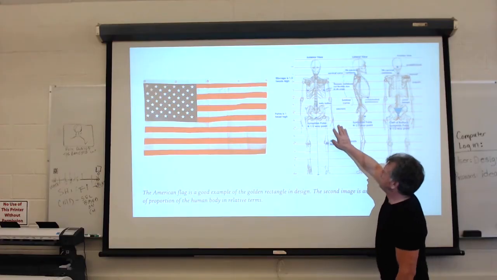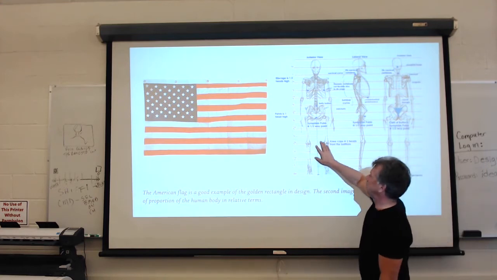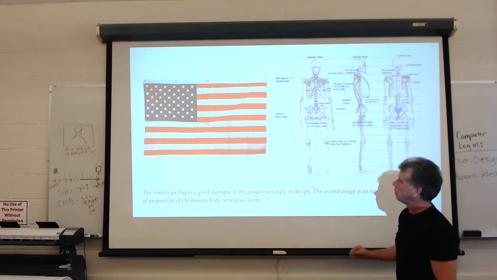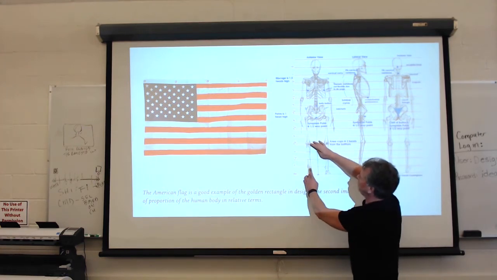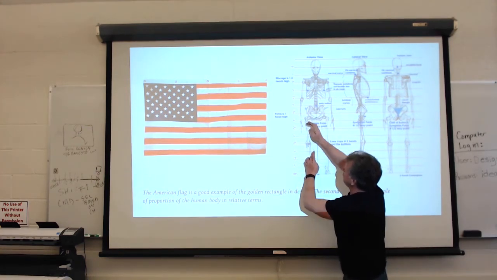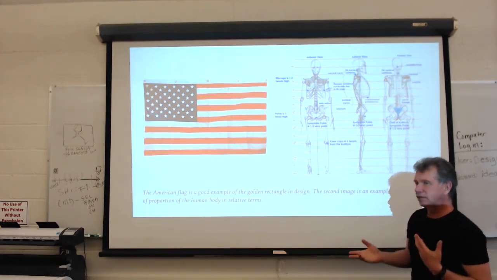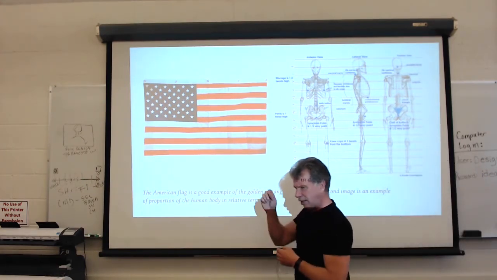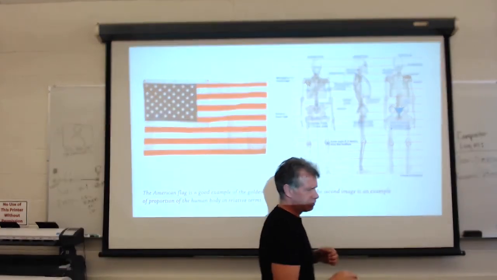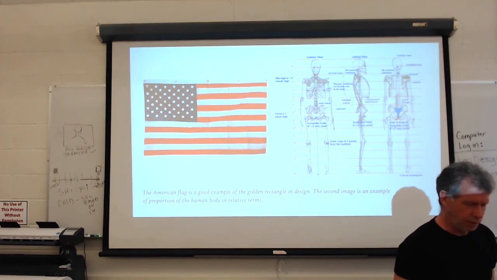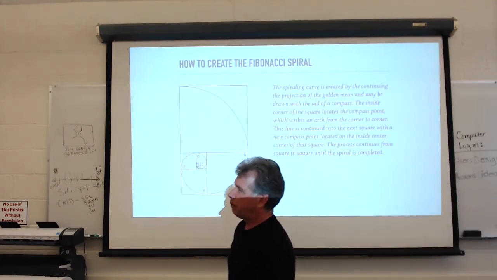You can see that artists have the proportional relationships kind of figured out by now. So if you're interested in, say, the length of the femur, this right here, and how it relates to the rest of the body, you can kind of draw a human without actually just looking and sketching. Not necessarily going to be a good drawing, but you could do it.